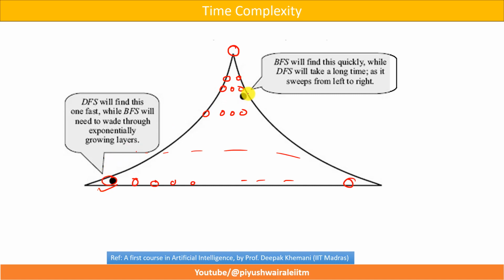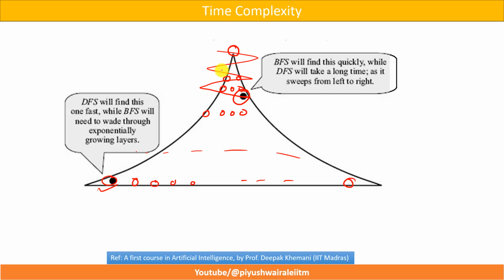But what if our goal state is present here, that is near the root node, on the right-hand side or a shallower node, we can say, right? Then in that case, BFS will find this quickly, while DFS will take a longer time as it shifts from left to right. As BFS works level by level, it will go like this, like this, and finally find it by going through each level.